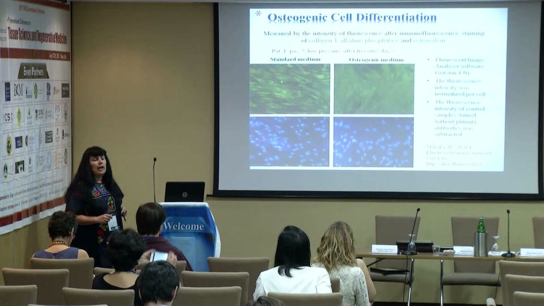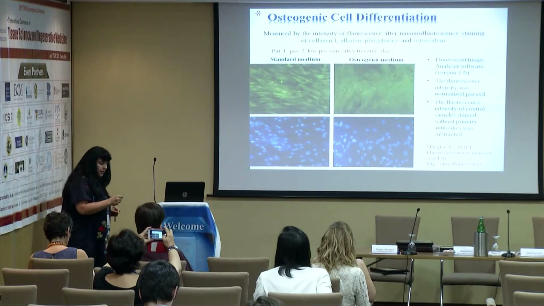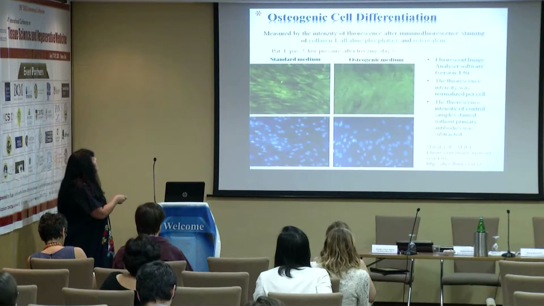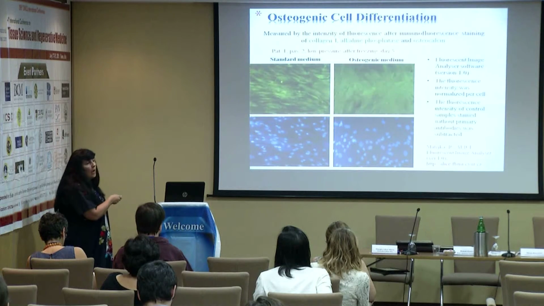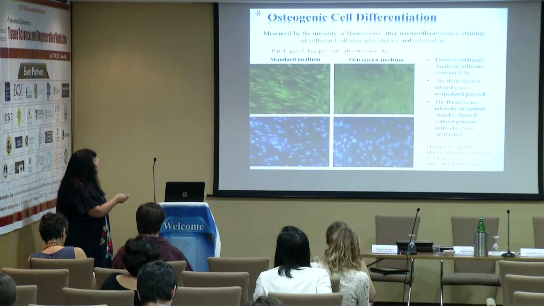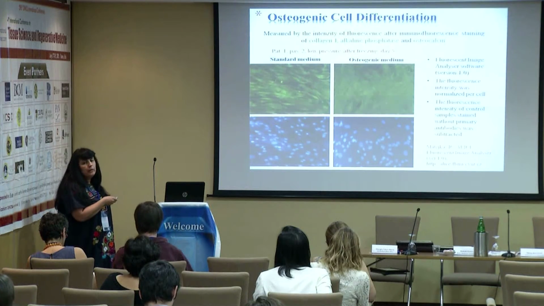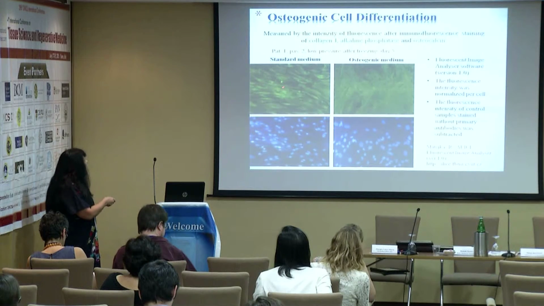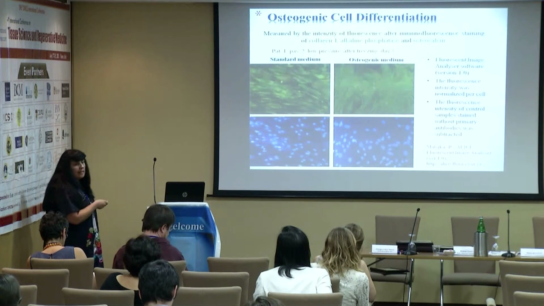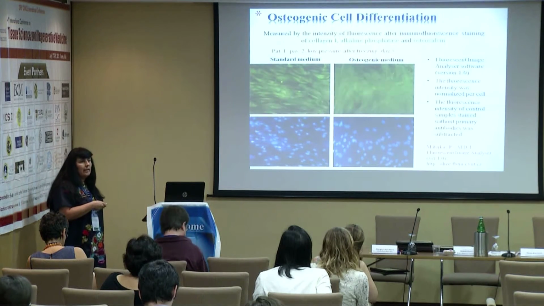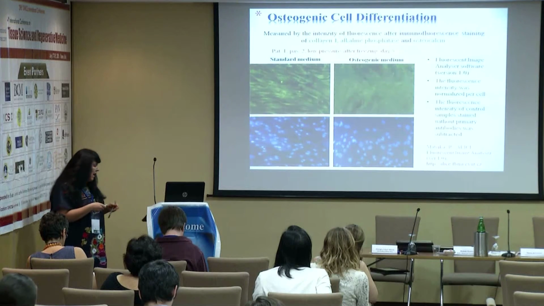And we also tried osteogenic differentiation. We stained stem cells by immunofluorescence for collagen 1, which is an early marker of osteogenic differentiation, alkaline phosphatase, which is a medium marker, and osteocalcin, which is a late marker of osteogenic differentiation. And we measured the intensity of fluorescence, and we normalized this intensity for cell number.